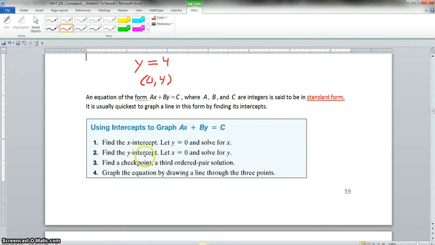Then we find the y-intercept, let x equal 0 and solve for y. Then we find a checkpoint, a third ordered pair solution. And then 4, graph the equation by drawing a line through the 3 points. Now this is what's going to happen. We will find the x-intercept, the y-intercept, and then we will find just one more ordered pair that works with this equation. And then we will graph it.